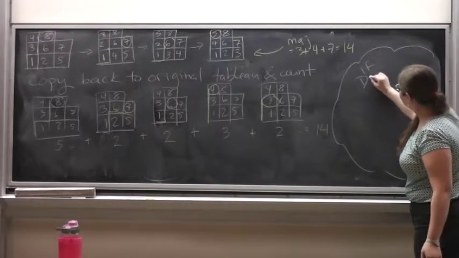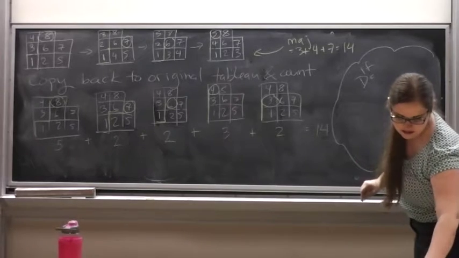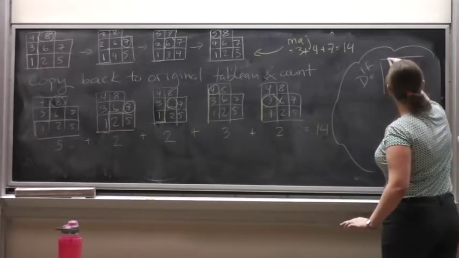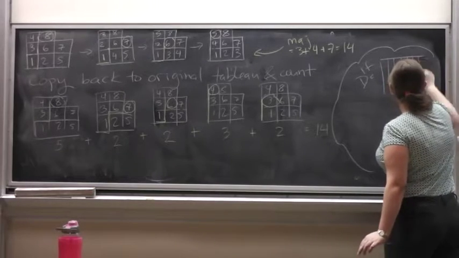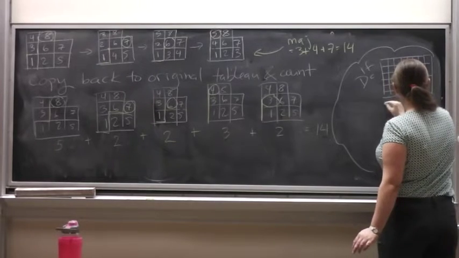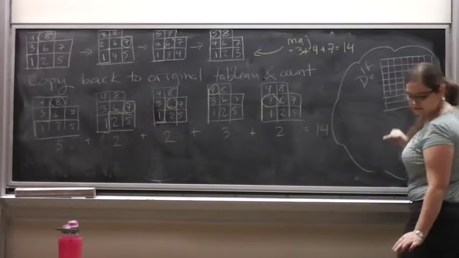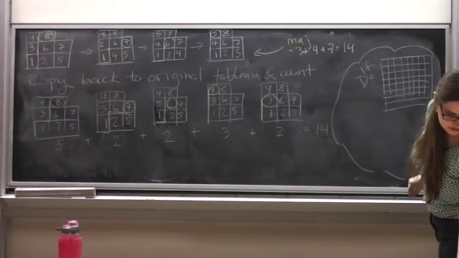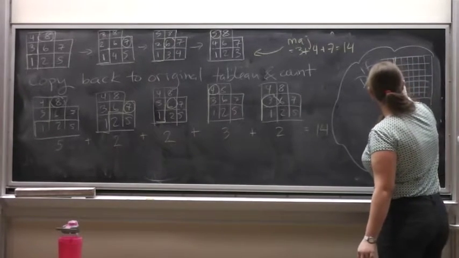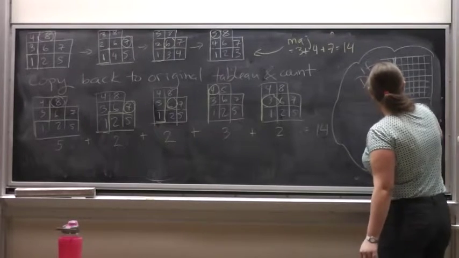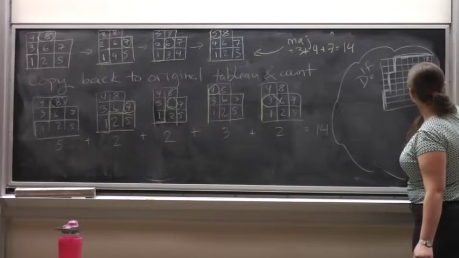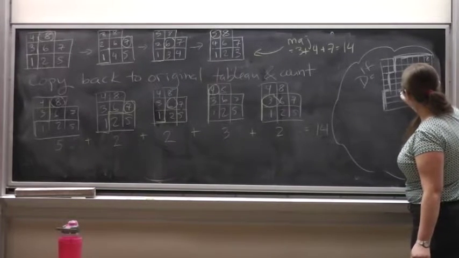my dyck path, say, looks like this, so the 8 is only attacking 7 down to 3.